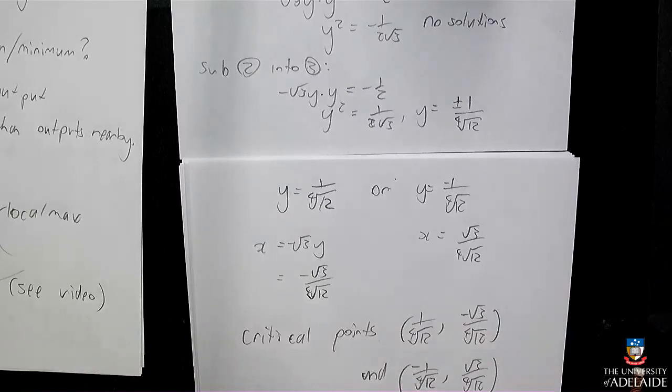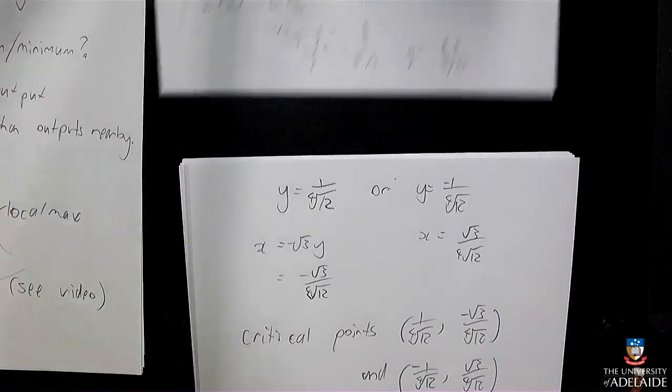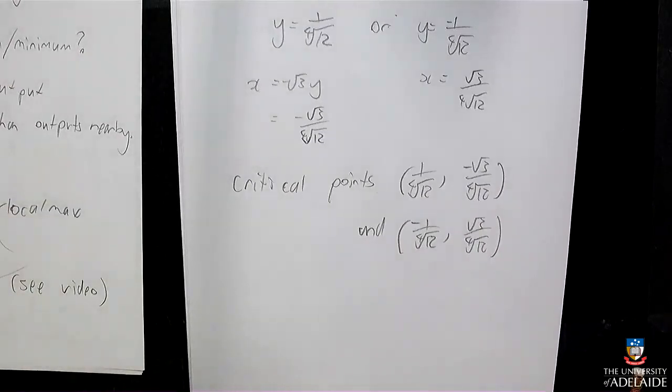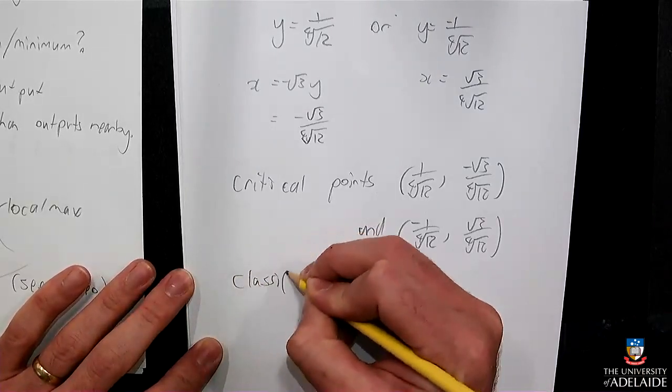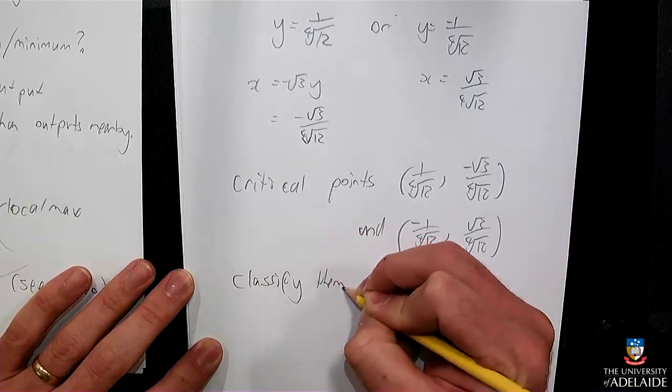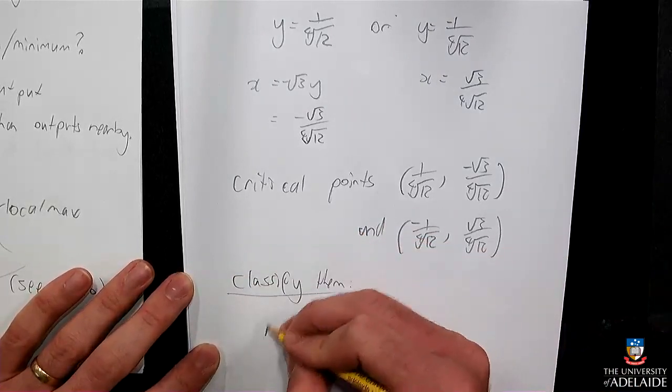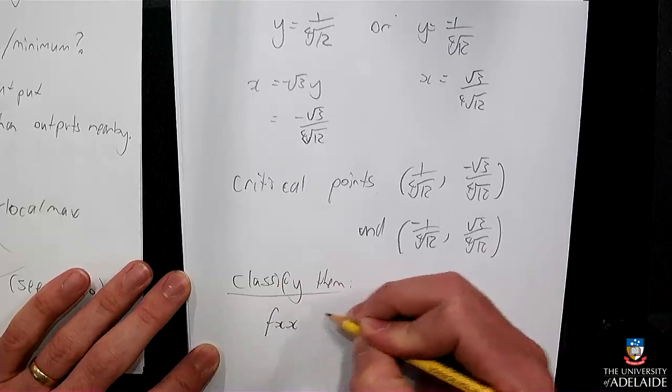So I would like to know whether those critical points are saddle points or whatever they are, and so I'm going to have to do my second derivatives now in order to do that. So we're going to need to classify them, which means I'm going to need to know all of these things.